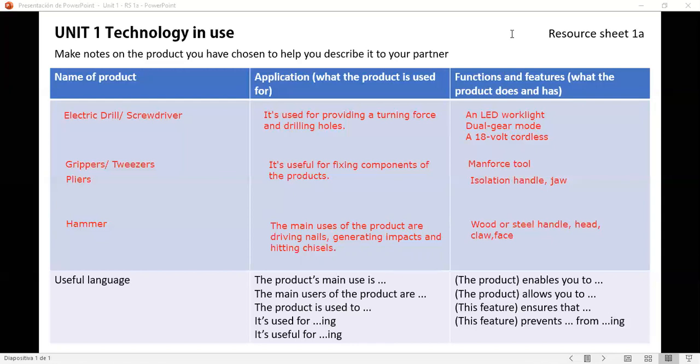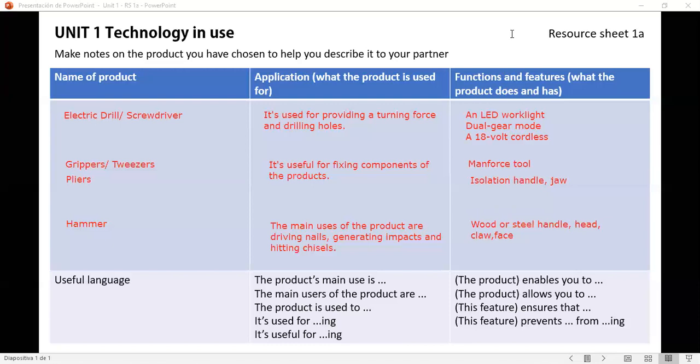I can talk about this, explaining the different functions and applications for this product. If I was in my job, I can talk about this application with these tools. On occasion I start in the following way.